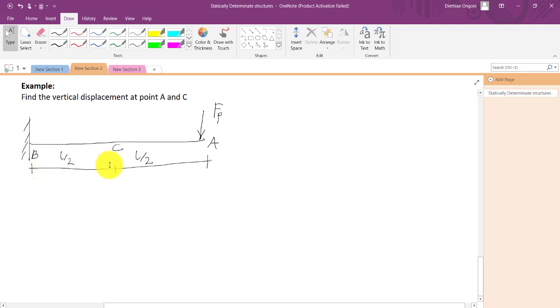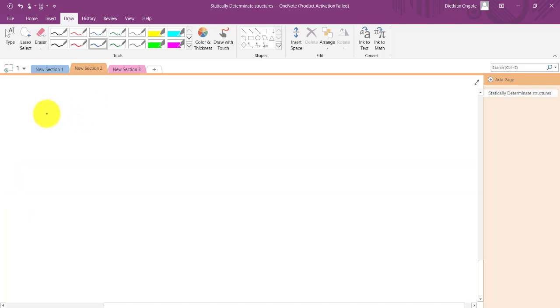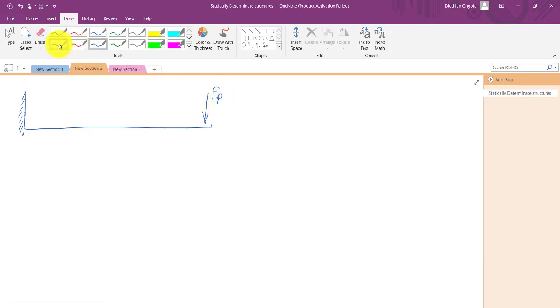So if we are to start to answer this question, let's look at the first step. We say that we draw the bending moment diagram due to the action of the original load. So assuming that this is our beam, and this is the force Fp, the bending moment diagram for this structure would be of this nature, as familiar to us.